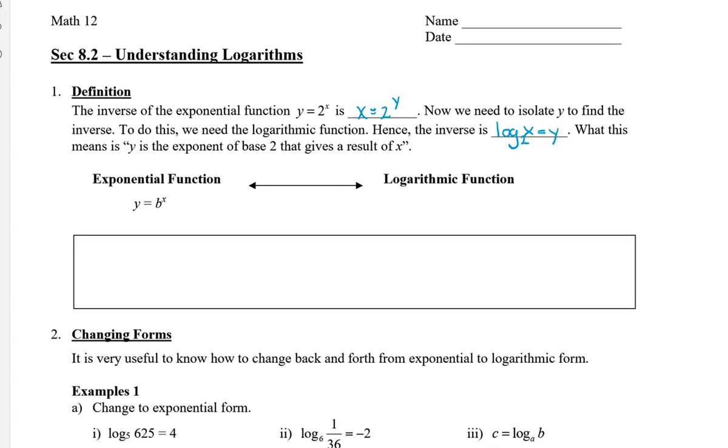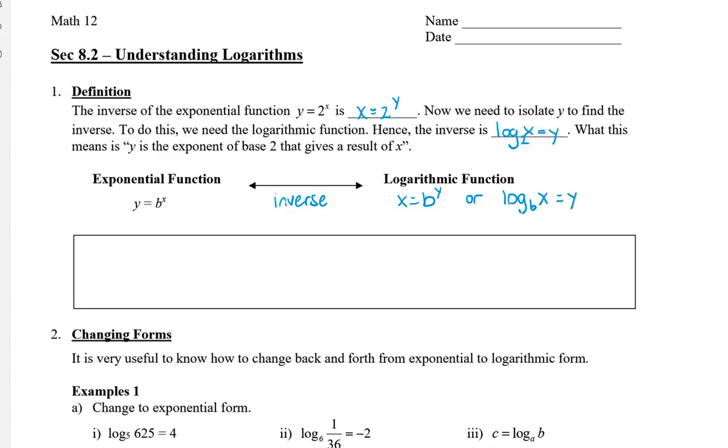So what we have is the exponential function y equals b to the x, and then we have the inverse, x equals b to the y, or log with little b, x equals y.